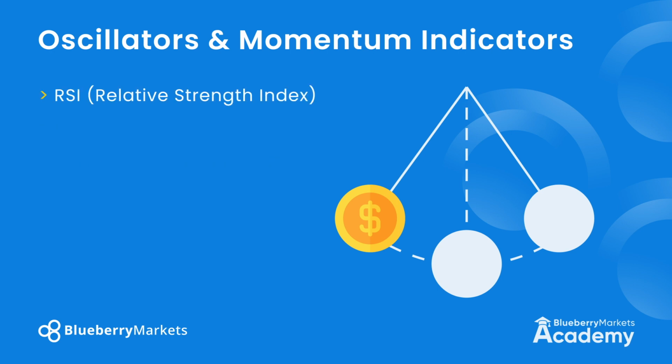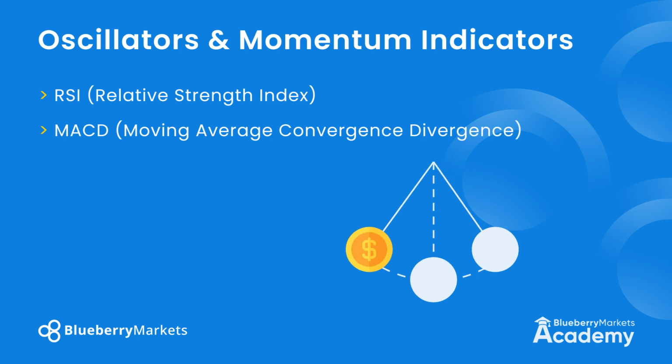So we have the RSI, or the relative strength index. We have the MACD, or the moving average convergence divergence, and the stochastic oscillator. Each of these tools helps traders identify market extremes and potential turning points.